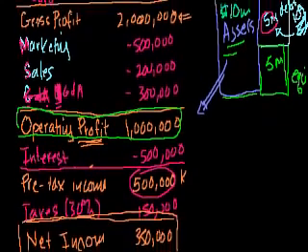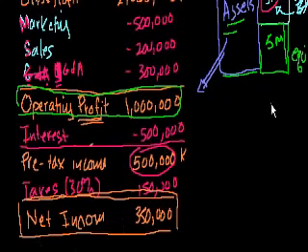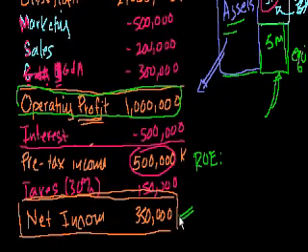Now we can do another notion, and that's return on equity. And for return on equity, the numerator is the net income that we got, $350,000. And the denominator here is the book value of our equity. So that's $5 million.